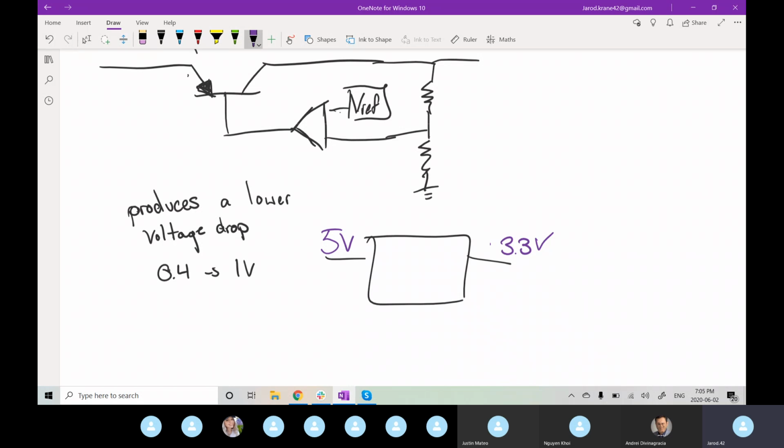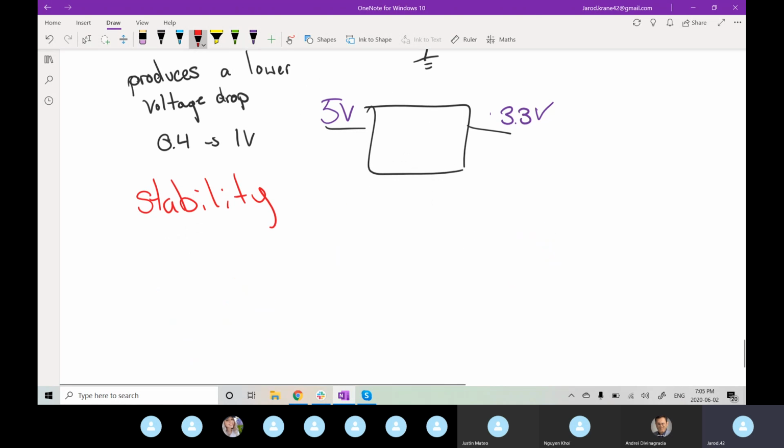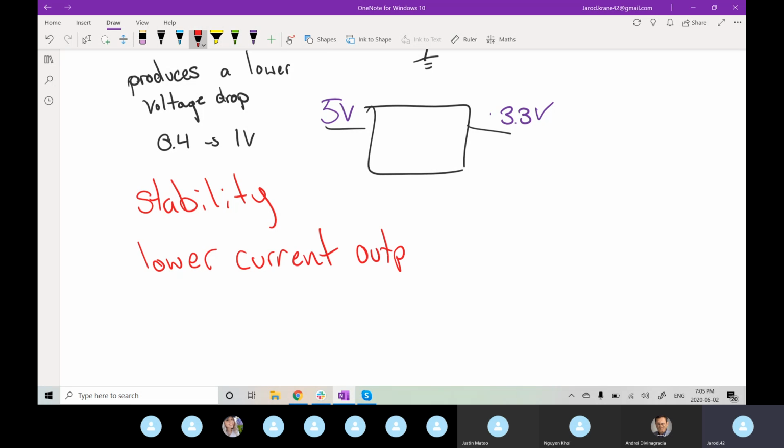But there's the more inherent stability problems, and lower current outputs, typically.